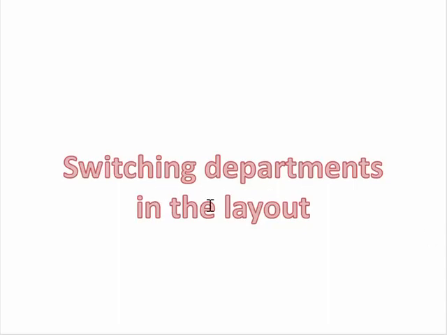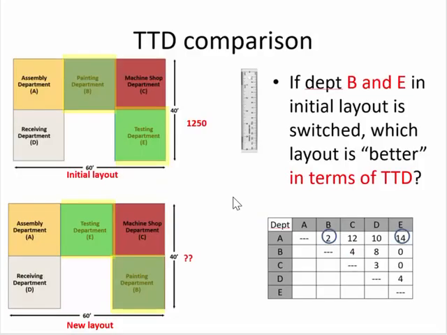And the last topic in this chapter is determining the total travel distance after switching departments in the layout. Now, when you're designing a new layout for the car factory that we talked about, if you switch department B and department E, so you move this from here to here, again, this is a new layout.